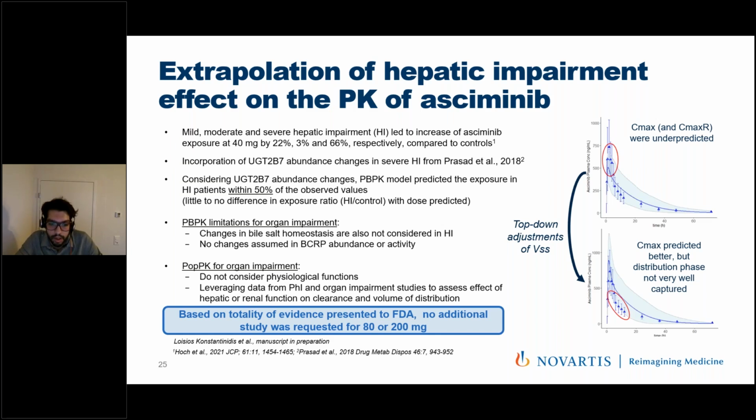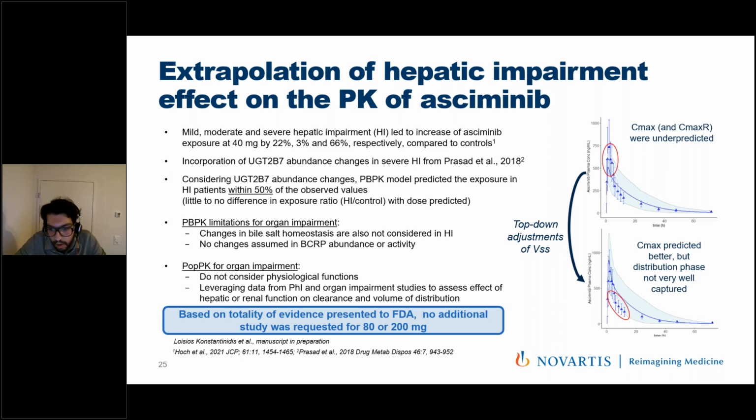One of these was the incorporation of changes in the UGT2B7 abundance from a publication from Prasad et al. that we had to implement into the model in order to check whether it improves the prediction of the hepatic impairment.